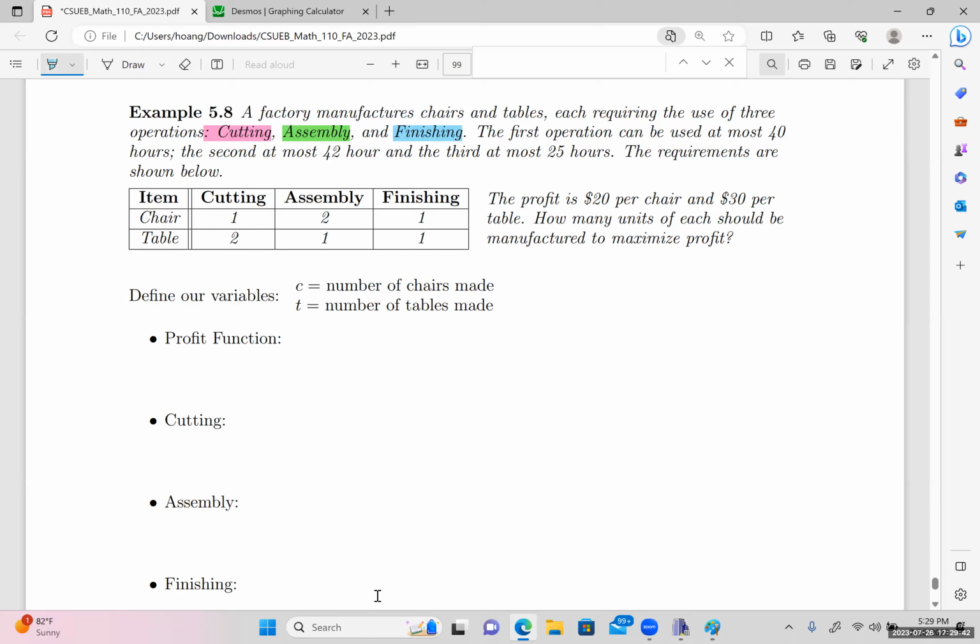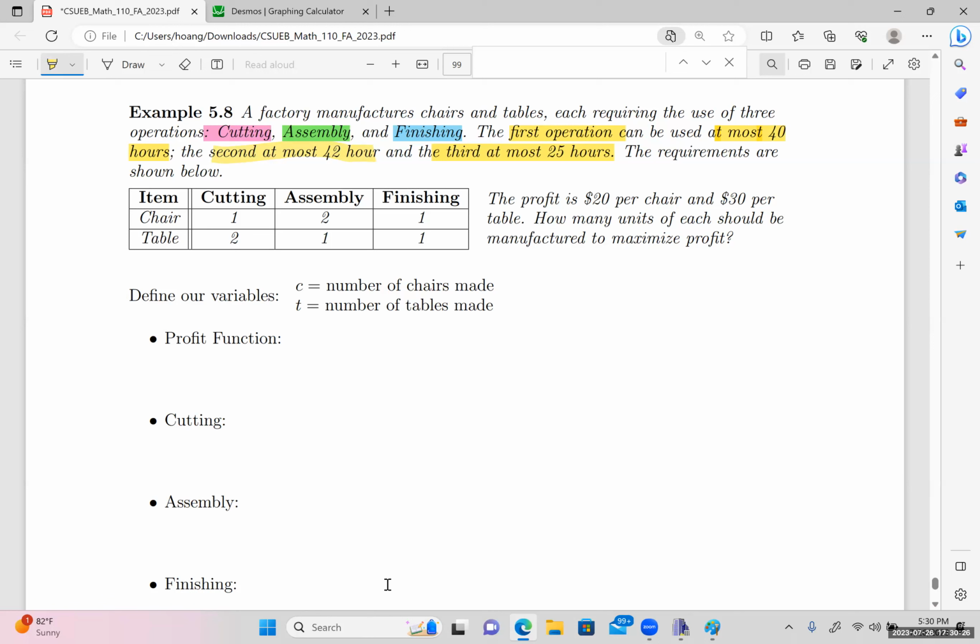So the first operation can use at most 40 hours, and the second one at most 42 hours. Maybe I have to highlight those. The second will be at most 42 hours, and the third will be at most 24 hours. And the requirements are shown below here.